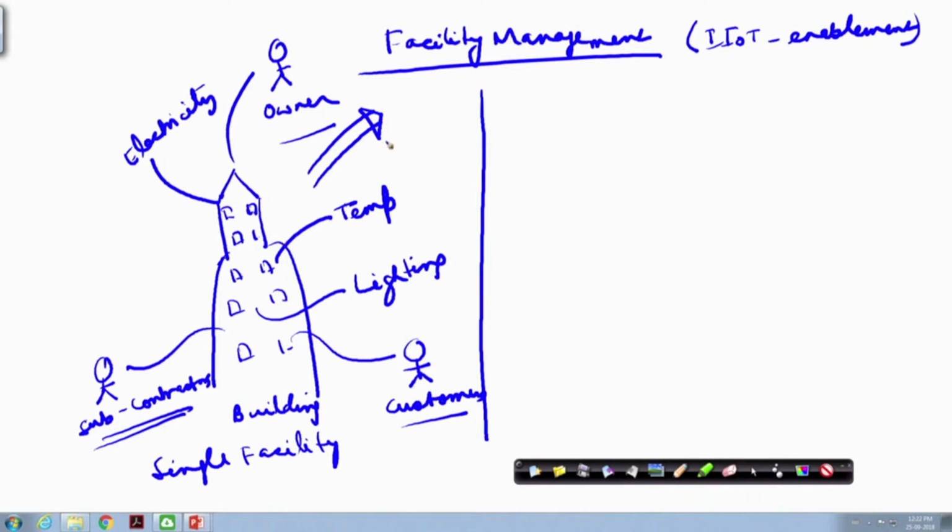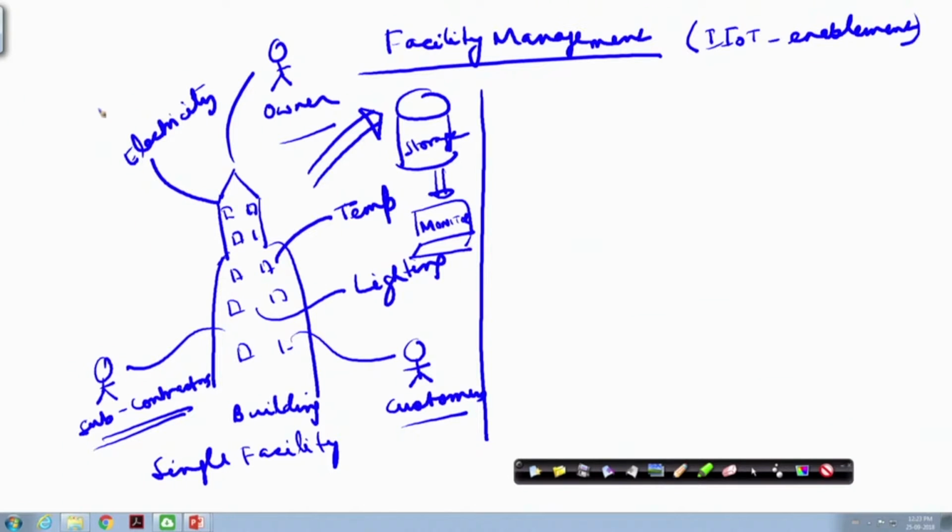These different devices which are monitoring the condition of these different facilities are going to throw in data which will have to be stored. This is your storage of the data in the common database, and finally there is going to be some kind of a monitoring station, a control station from where this monitoring is going to be performed. So, this is going to be a common monitoring station for monitoring the facilities in the buildings using IIoT implementation.